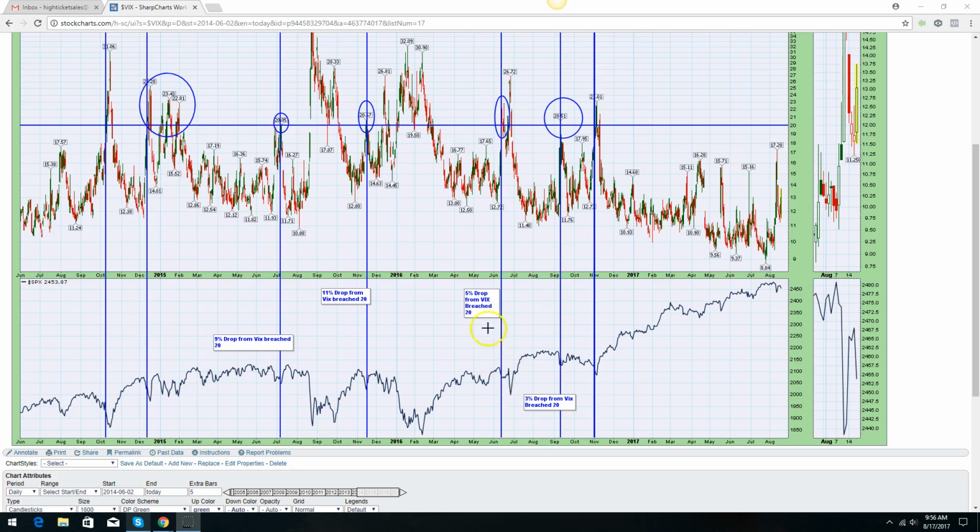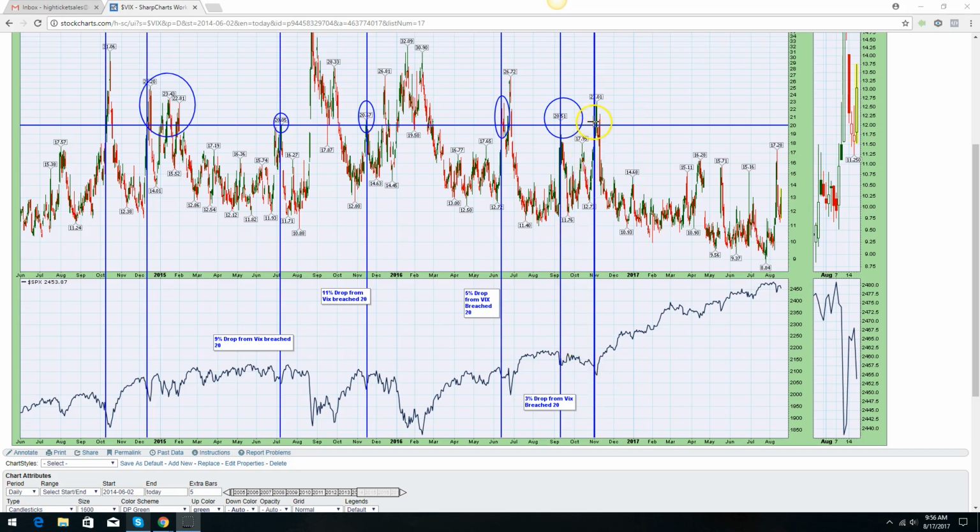Took another leg down, 5% drop from this point right here. Now from the top, it's probably more like a 7-8% drop, but from this point, it was just a 5% drop. Here's another example. You have a short-term bottom, and you can see that it couldn't break the highs, and then it just rolled over. So you have a 3% correction, but probably more like a 5 from here to here.